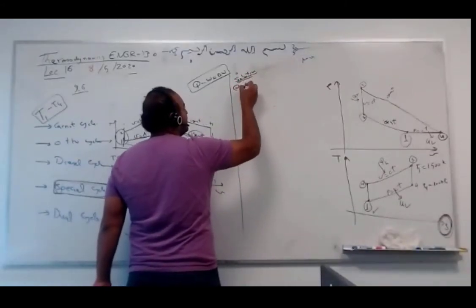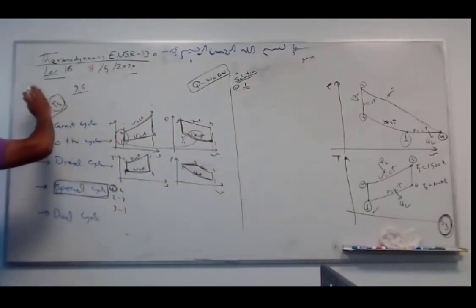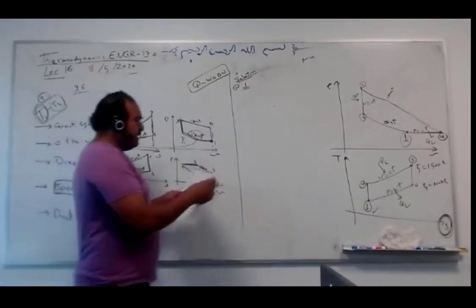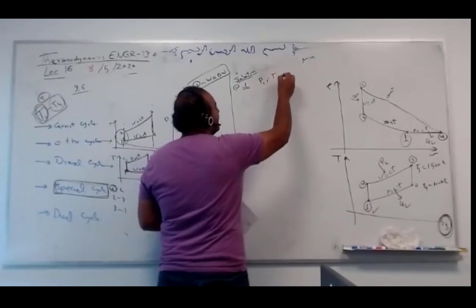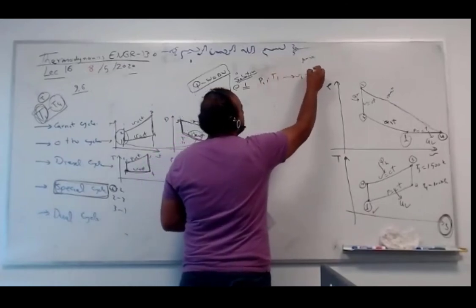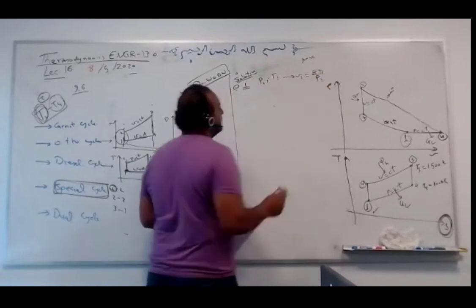We need to make sure you have all the temperatures. If you have T1, T2, T3, T4, all the temperatures, you are fine. At 1, you have P1 and T1. You can get V1. How? Ideal gas law, RT over P.